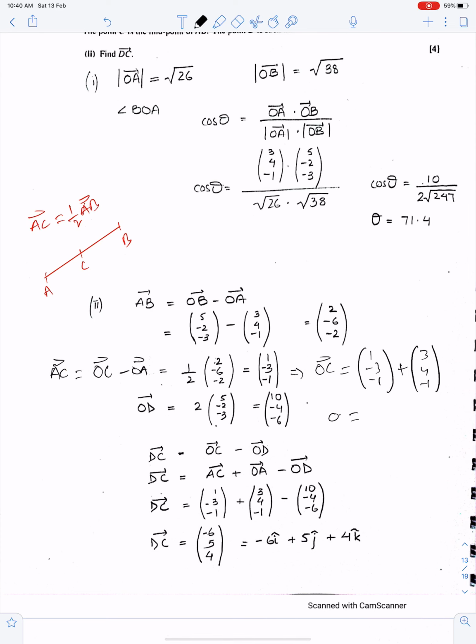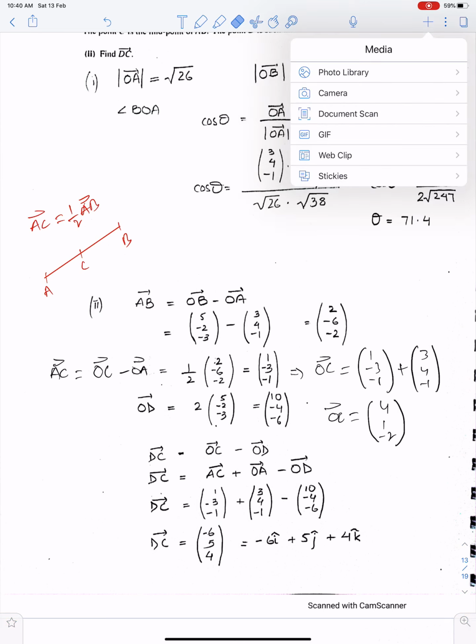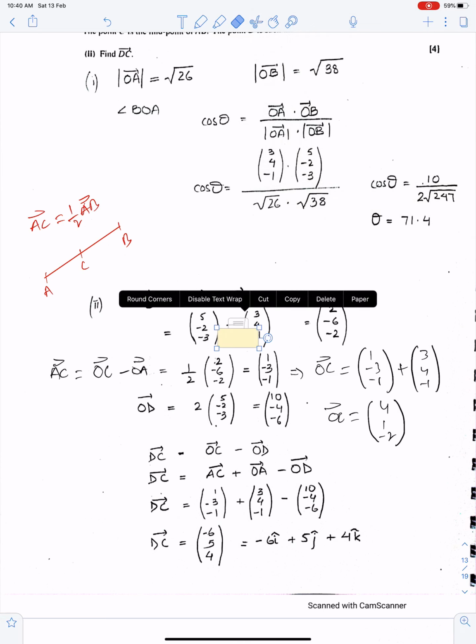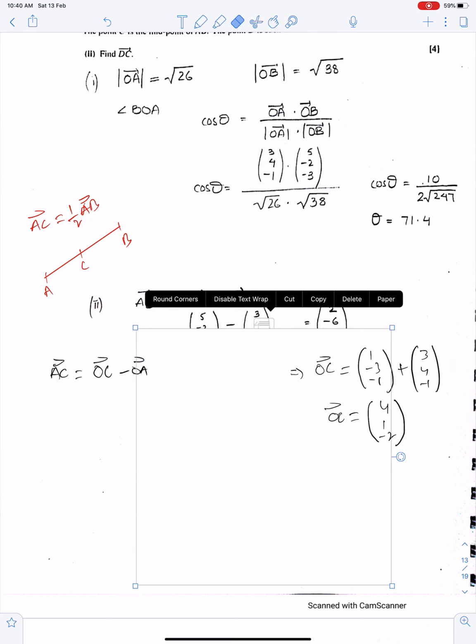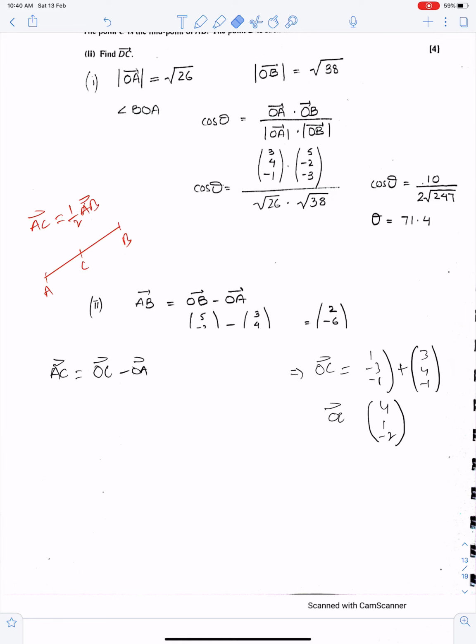So vector OC will be 4, 1, negative 2. Now you need to use this vector DC. Let me edit a few more things. I'm trying to make this thing simple for all of you. This method is fine, but this is simple.